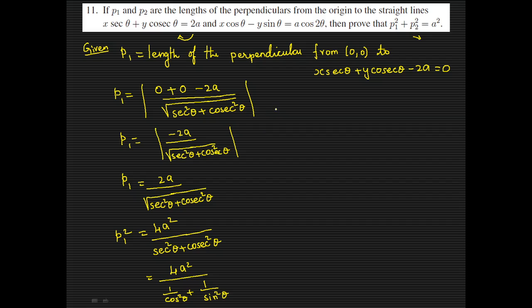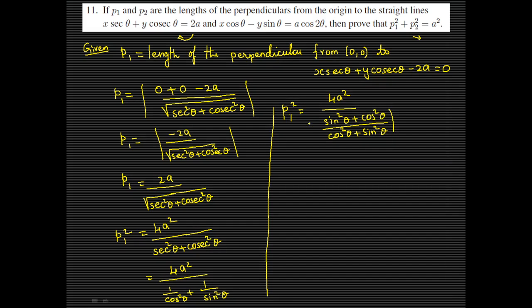Now we want to take the LCM in the denominator. So P1 square is equal to 4a square divided by, taking the LCM, in the numerator sin square theta plus cos square theta, and in the denominator cos square theta into sin square theta.